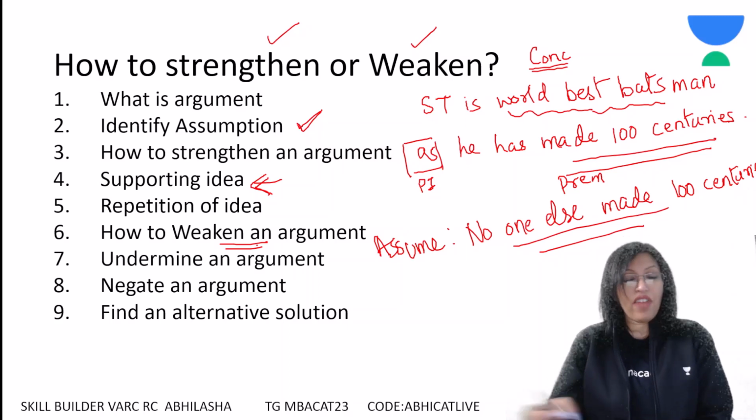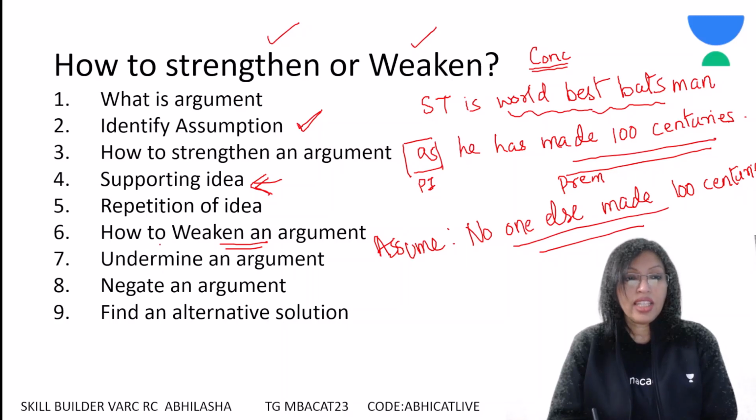When you are strengthening, there are two things you can do. You can either find a supporting idea or you can find a repetition of the author's main idea. Both of these are ways of strengthening it. If you wish to weaken an argument, then you could undermine it or prove it false.